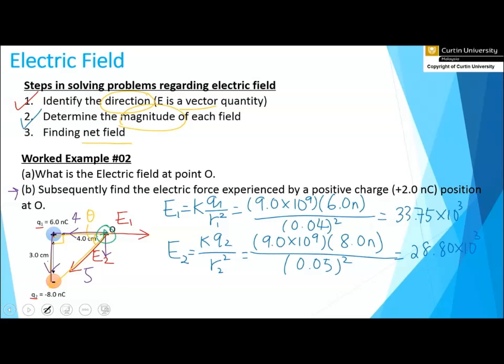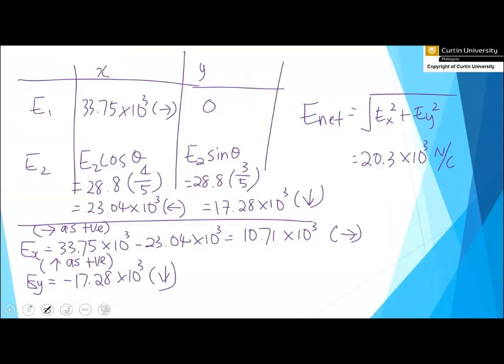So if we look at this example, if we want to find the electric force experienced by this charge, then it will be equivalent to the charge of this 2 nanocoulomb times the electric field at this position. We have already had our electric field, which is 20.3. So we can find the force.